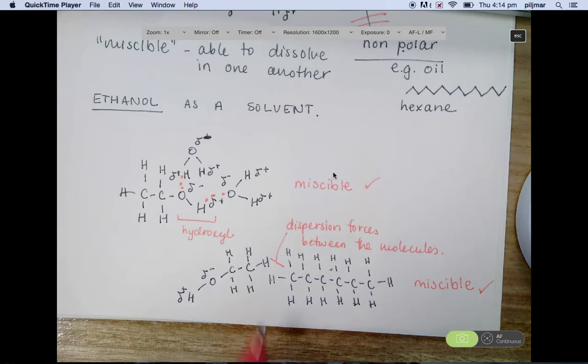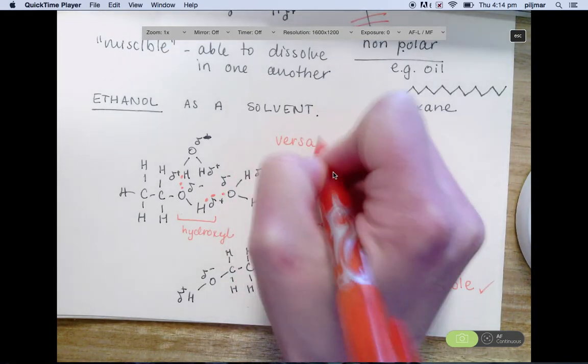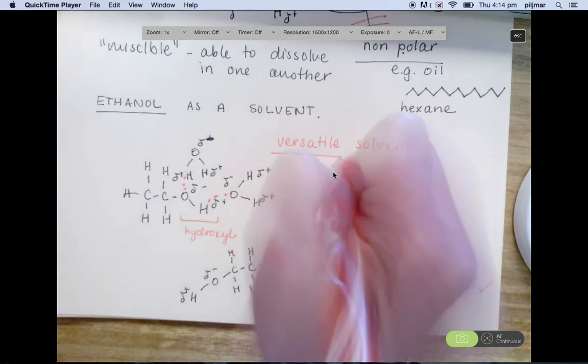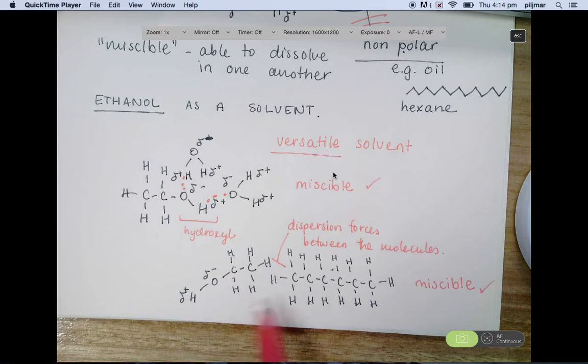So all in all, although water is known as our universal solvent, ethanol too can be used as a versatile solvent. We sometimes use that adjective because it can dissolve both polar and non-polar substances.